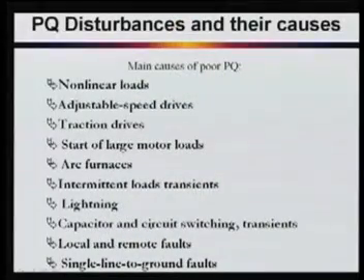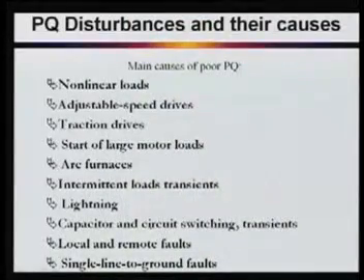Another is the adjustable speed drive. Nowadays we are using AC drives with power electronics control, and we call them adjustable speed drives. They create a lot of problems in terms of harmonics generation. They generate harmonics, and again we use some filters to filter out these harmonics, but still they are not enough. Then the traction drive.